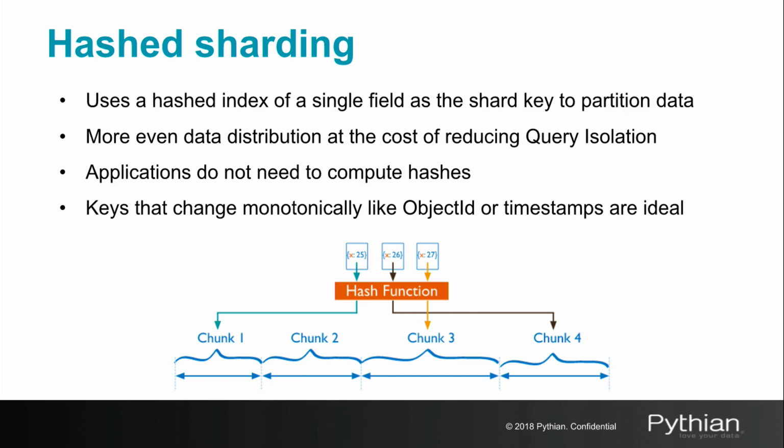This is not something that you would like for your application if you decide to shard and query data. Hash-based sharding is mostly used for write-intensive workloads where you just want to shard your data and distribute the data on multiple shards. But if you want to also query the data and you want query isolation, probably range-based sharding is a better option.